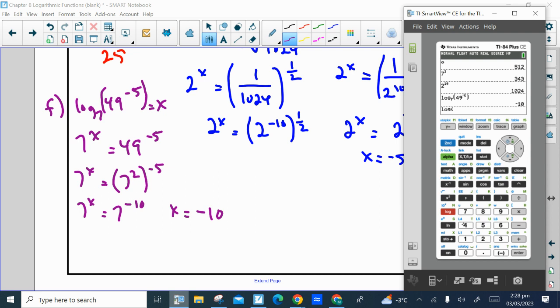It would be the log of 49 to the power negative 5, close the bracket after that, and that's divided by log 7. Using the change of base identity, it would look like that. Same answer. So as long as you have a log key on your calculator, you can check it.